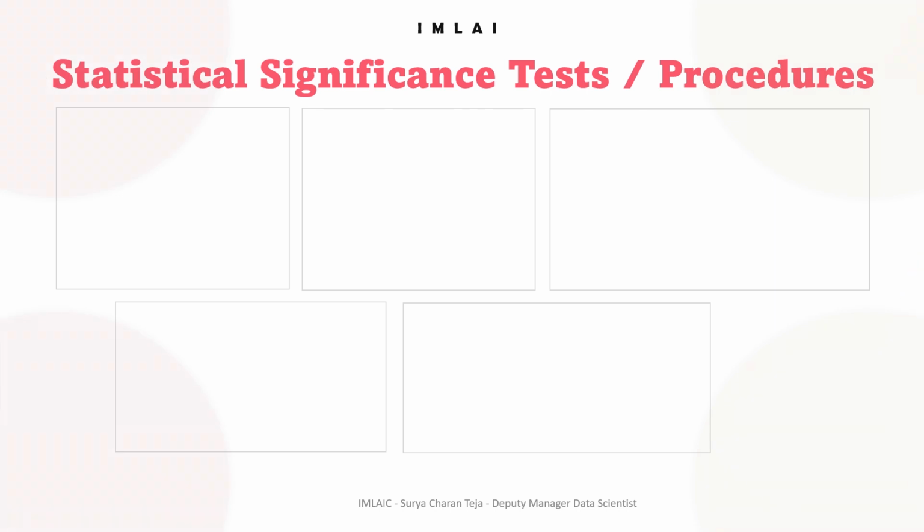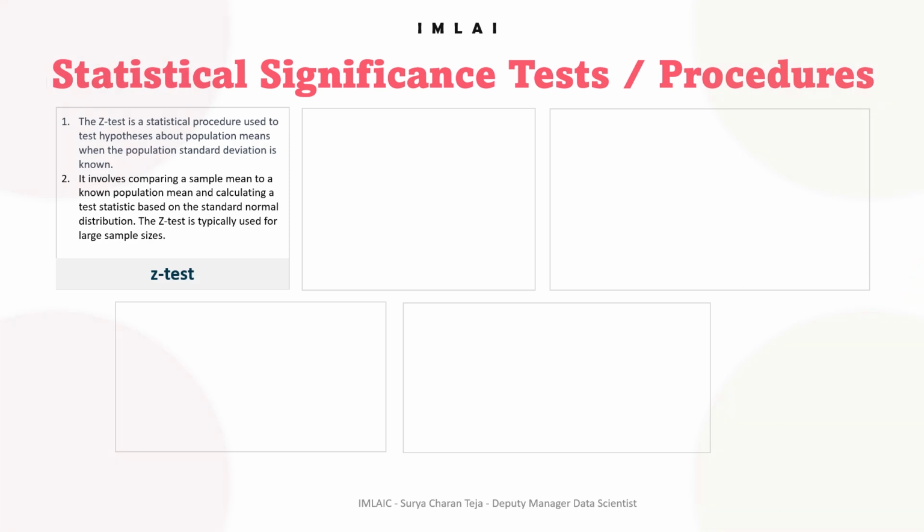So what all tests do we widely use to do this? That's what we are going to discuss in this slide. So the first one is G test, and the most famous one.